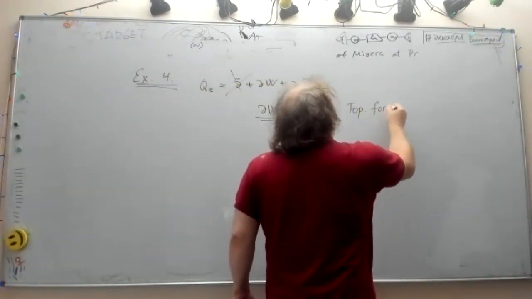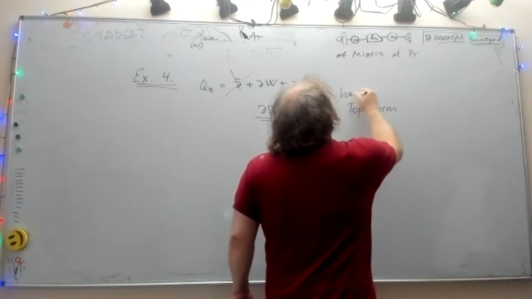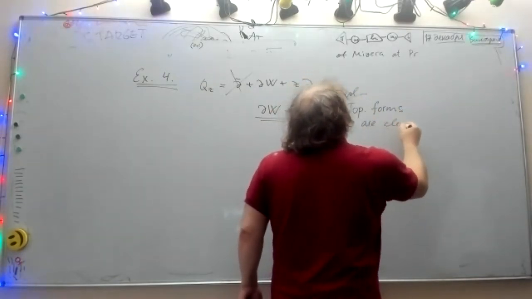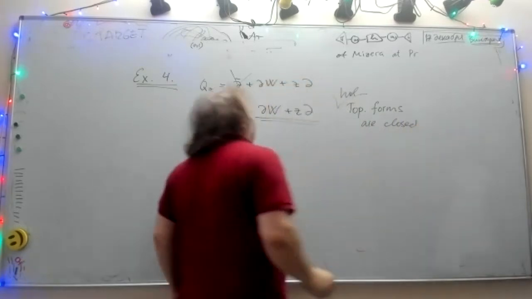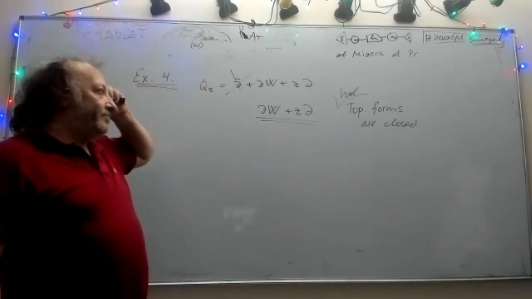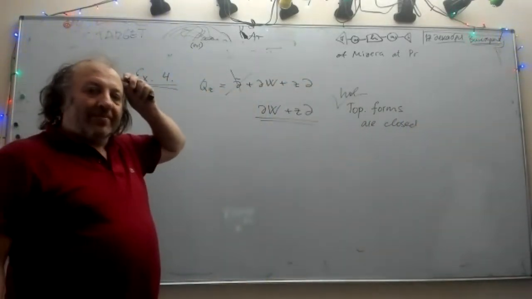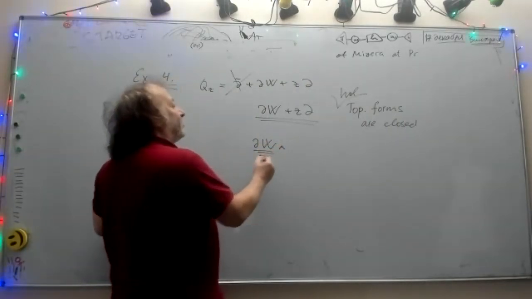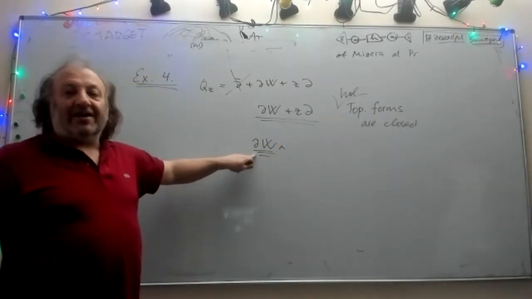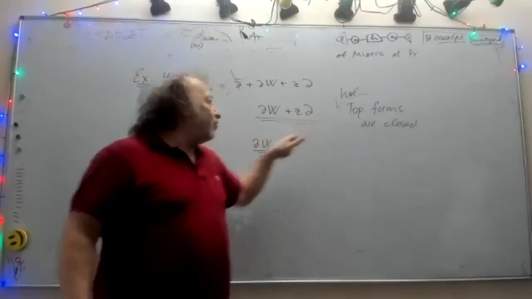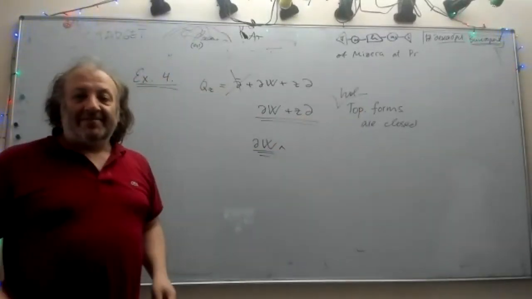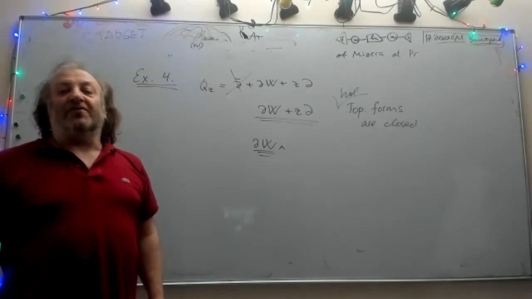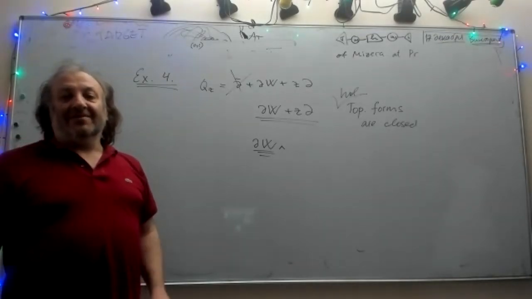Holomorphic top forms are closed, because if I multiply by dw they are killed. Since the space is non-compact, I can have many holomorphic top forms.